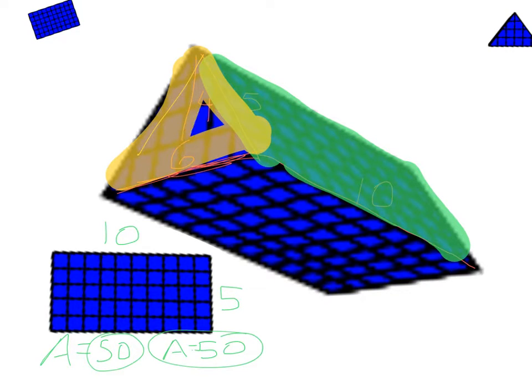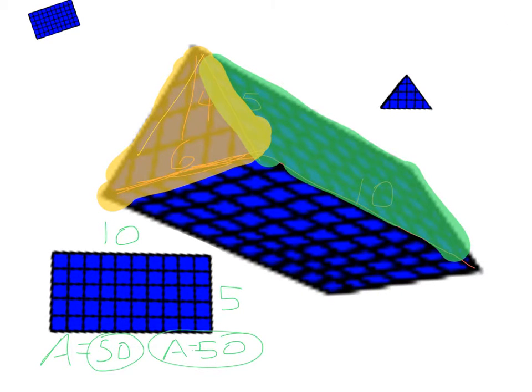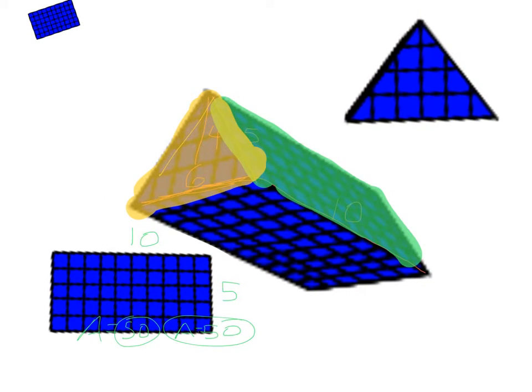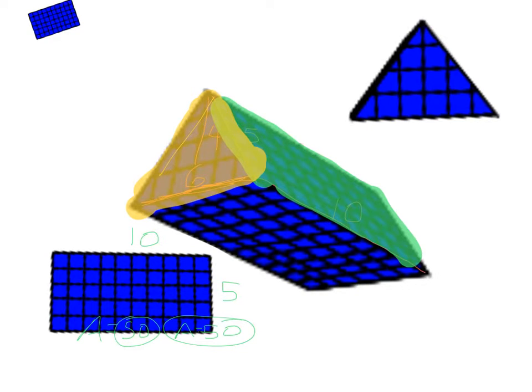Okay, changing colors, let me do the triangle on the front. Let me change the highlighter. This is 6 by 4. My coloring skills are obviously amazing. So that is this triangle right here, and we just said this is 6 wide and 4 tall.